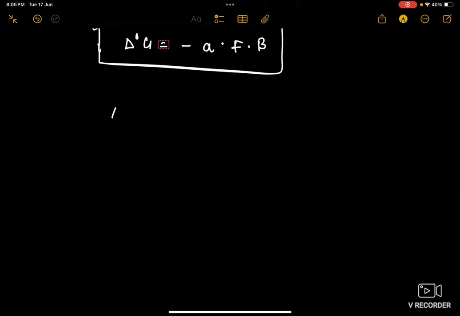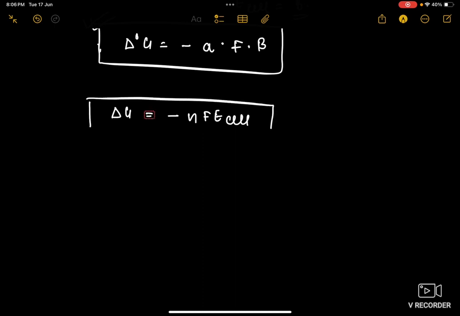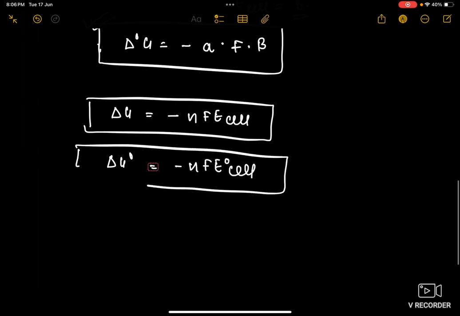Sometimes we are given the normal Gibbs free energy, so this is minus n F E cell. The difference between delta G naught and minus n F E of the cell is that this one changes accordingly, but this is fixed.